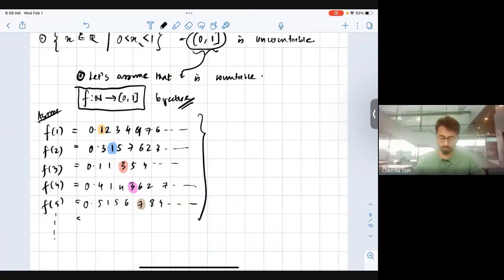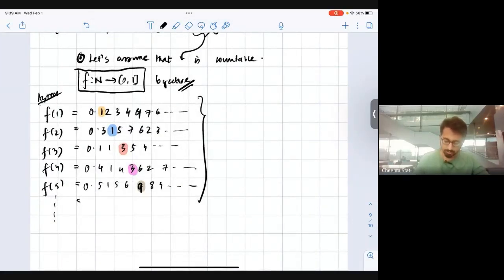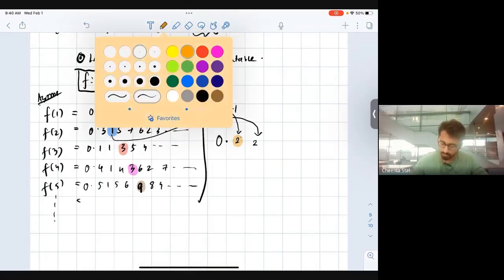We find a new number. So we take 0.1. The first element that you have got, we change it by adding 1 to it. The second number, we place it in the second place, and we add 1 to it again.